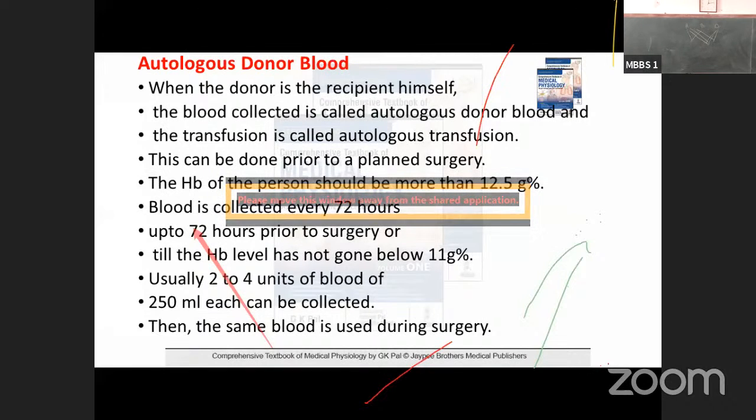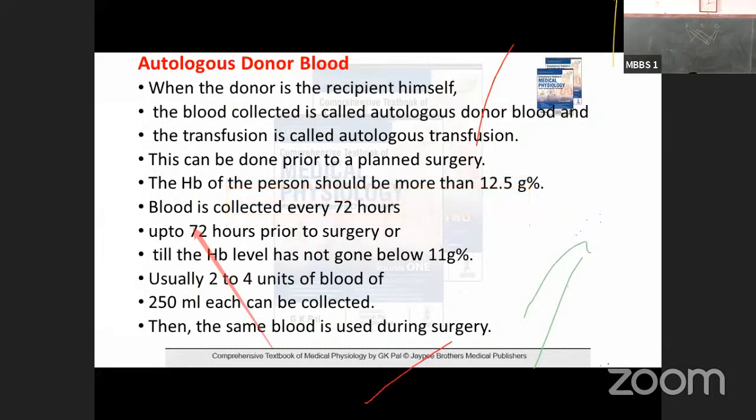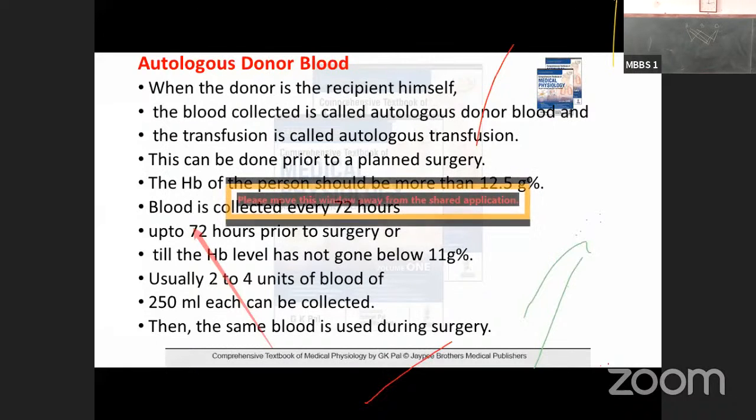If the hemoglobin falls below 11 gram, we don't collect. Normally 2 to 4 units of 250 ml each are collected, and the same blood is transfused to that same individual during the surgery. It is called autologous.